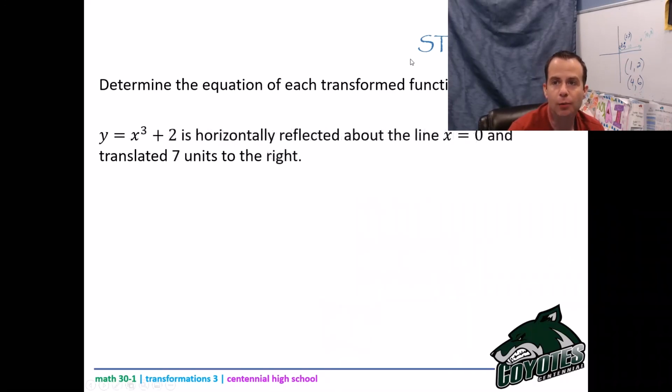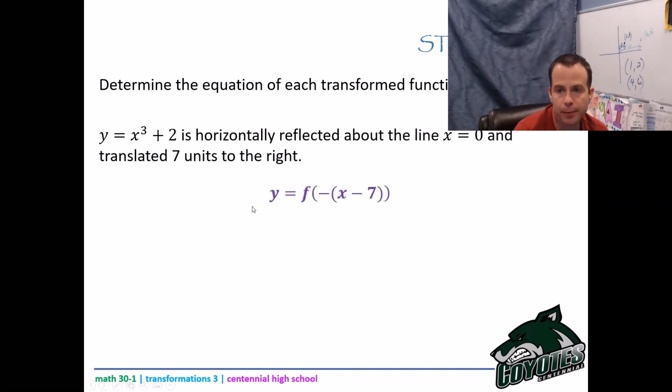Let's try y equals x cubed plus 2, and it's horizontally reflected about the line x equals 0 and translated 7 units to the right. So if I horizontally reflect, I'm going to replace x with -x. And if I'm going 7 to the right, I replace my x again with x minus 7.